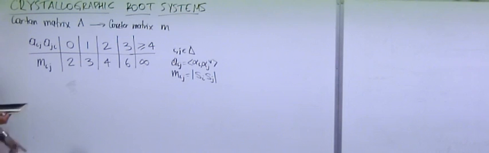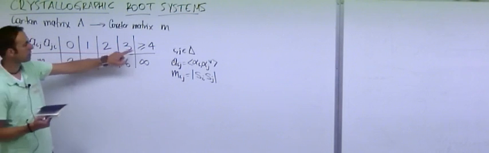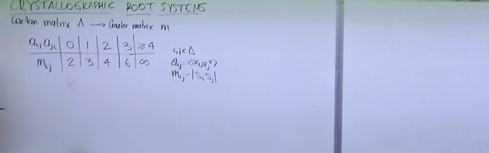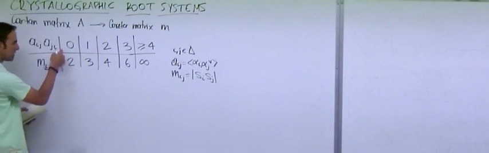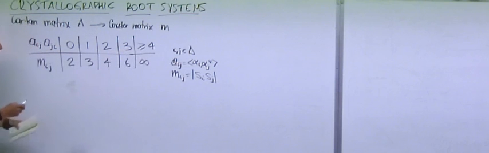What I have not shown to you is that all of these numbers actually appear in crystallographic root systems. In other words, that Aij, Aji really can take the value of any non-negative integer. And so what I'm going to do first today is to actually show you some root systems that realize all of these numbers. Okay.